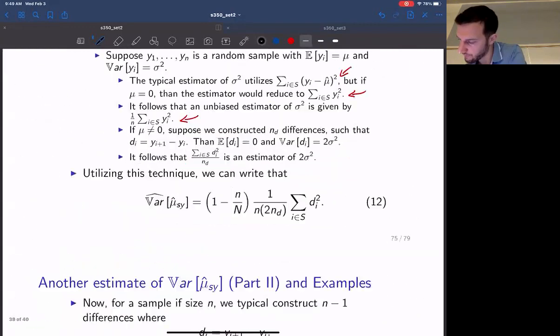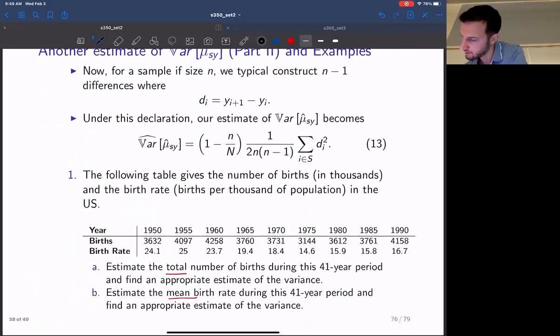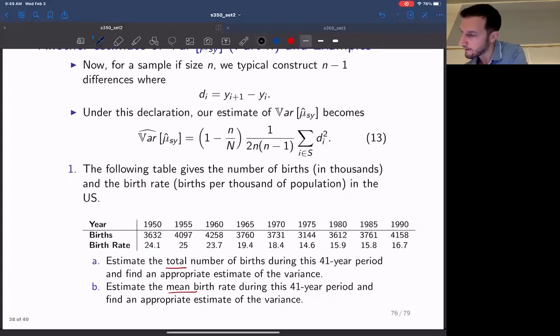Okay, so from the question, we have a 41-year period. So capital N here is going to be 41 because each year constitutes a sample. Okay, and we have 1, 2, 3, 4, 5, 6, 7, 8, 9 samples.